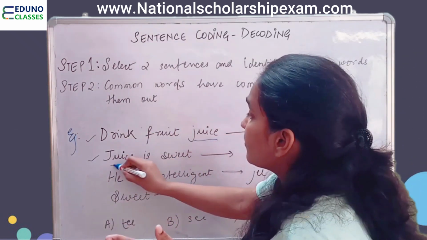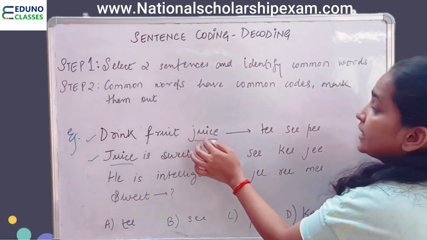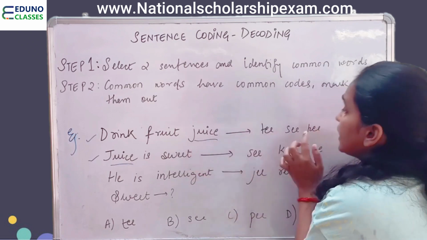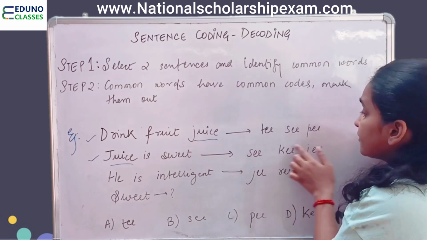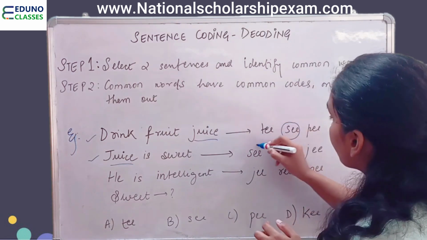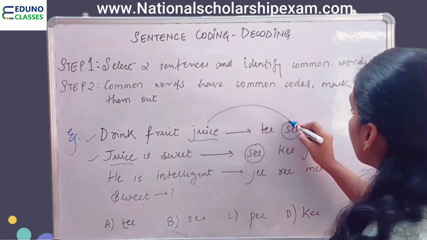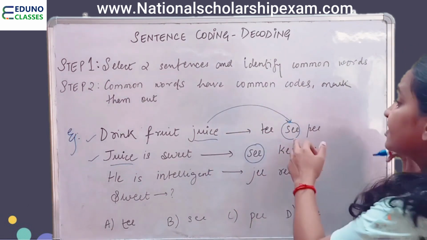The word juice is common. TCP, CKG: the letter C is common. Common words have the same code, so juice is coded as C.